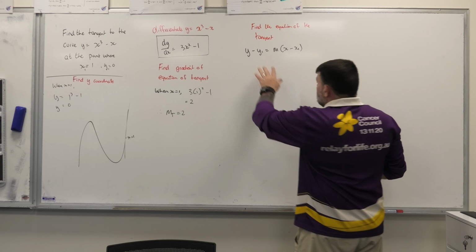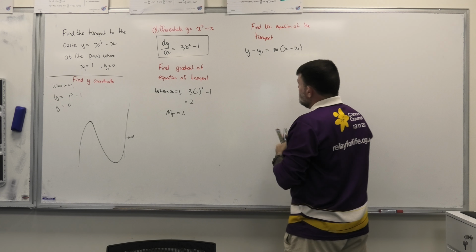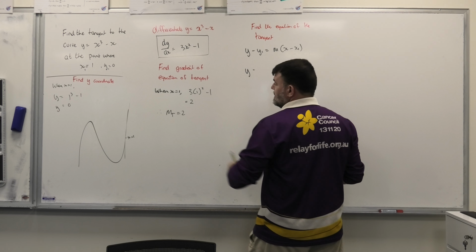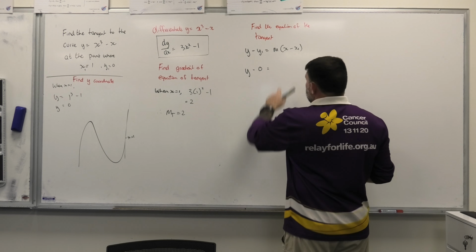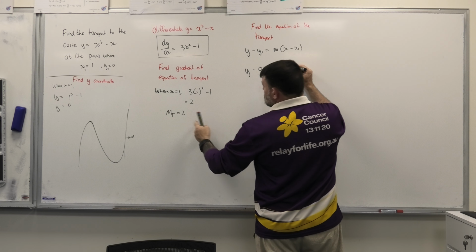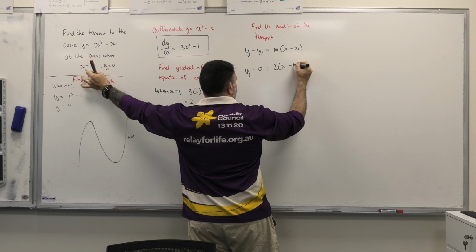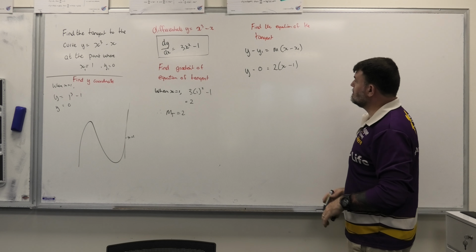So we now know three parts of this information. We know that y1 is 0, so I can replace y1 with 0. I know that my gradient is 2. And I know that x1 is 1. So I've now written up my equation in terms of what it could possibly be.